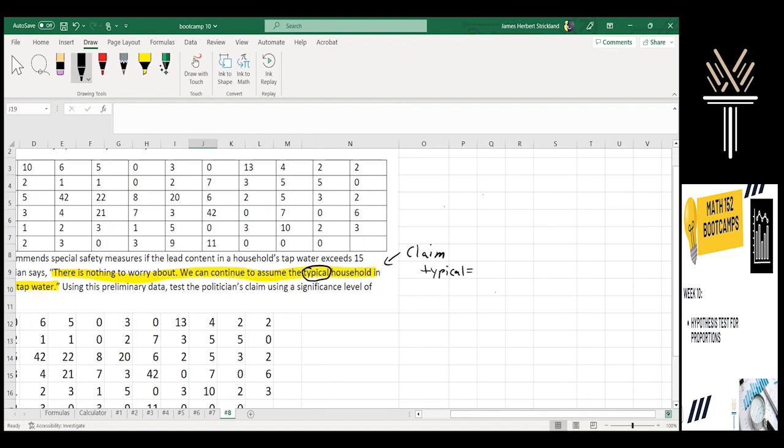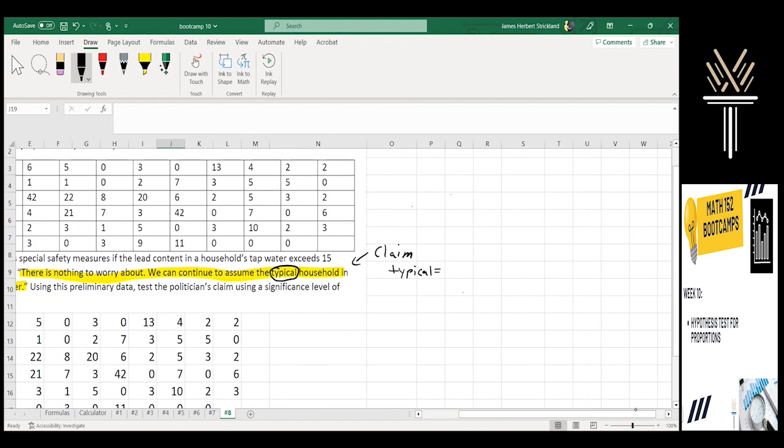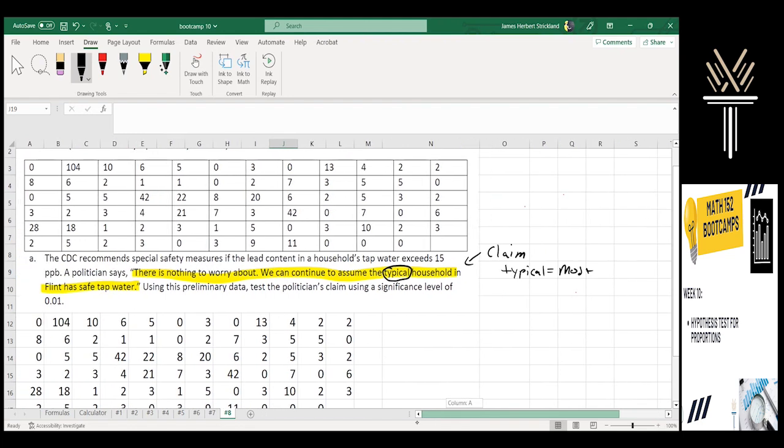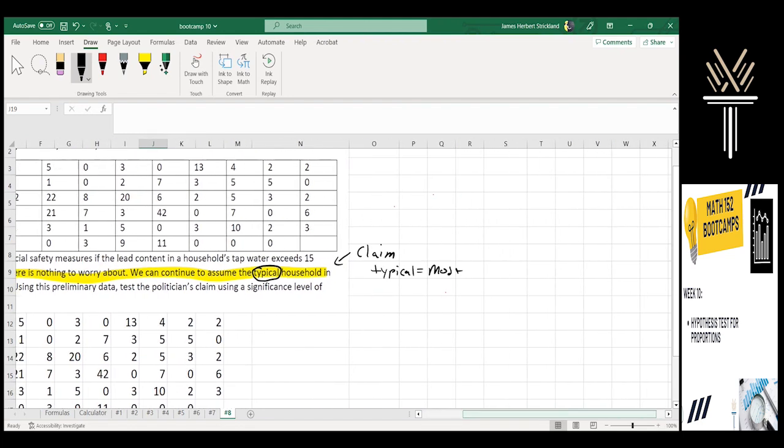In this case, when they say the word typical, what they're trying to say is most. The typical household simply means the majority of households. So we can assume that the typical household, in other words, most of our households, the mode would be okay. So in other words, we're talking about majority.